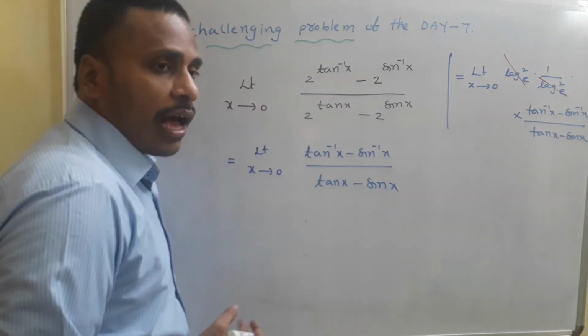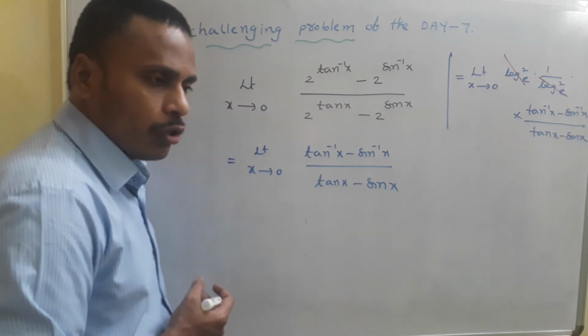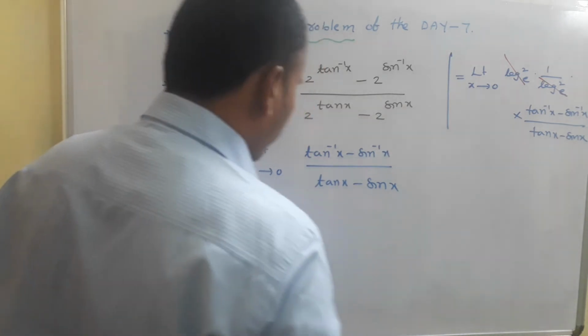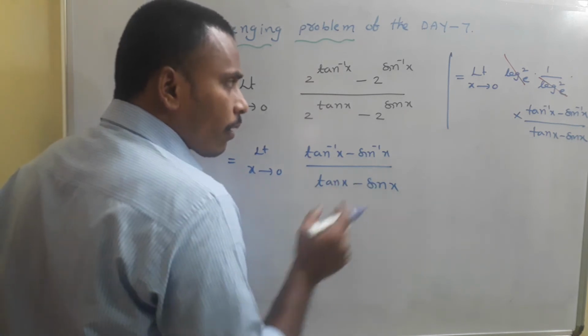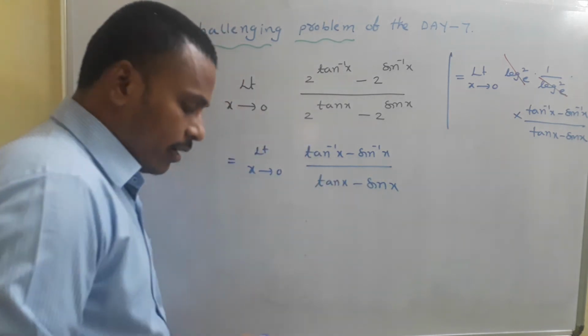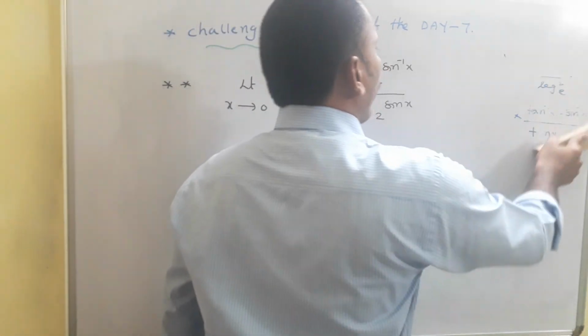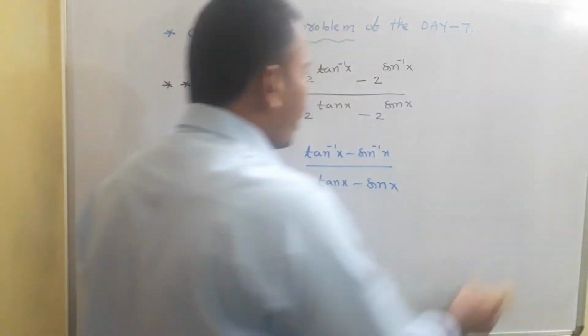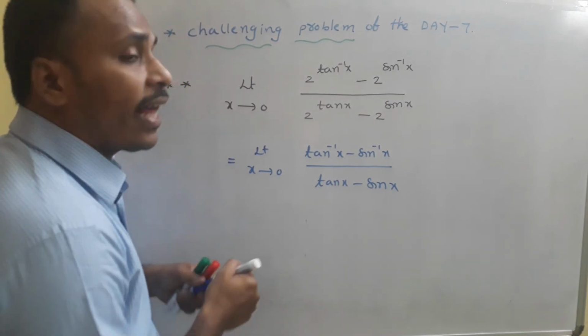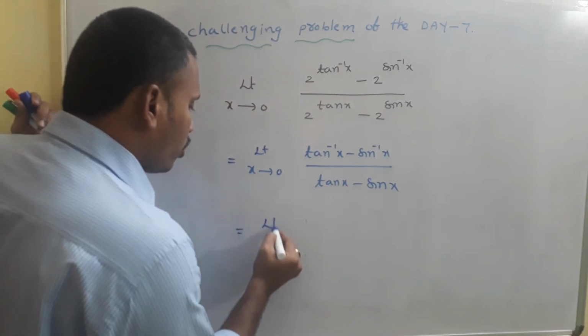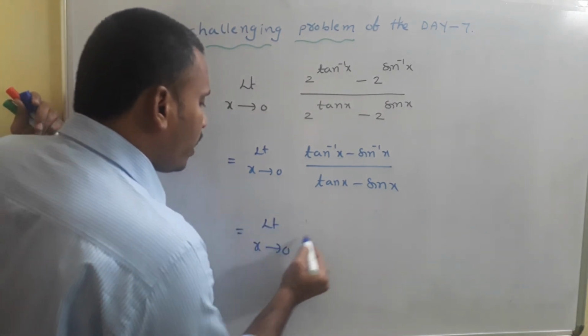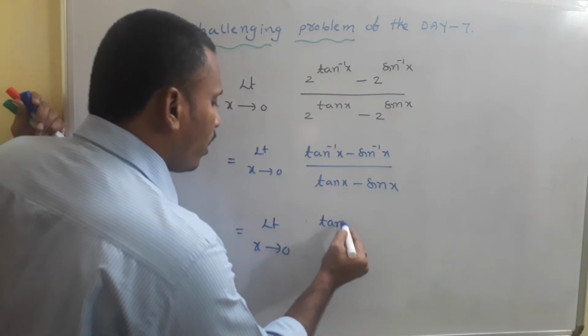See, we already did certain problems related to this in our previous class. So we have a certain standard formula again related to this tan x minus sin x. To use that standard formula, we need to divide this numerator and denominator by x cube. Initially I mentioned that to solve this problem we need all the different standard formulae of limits.